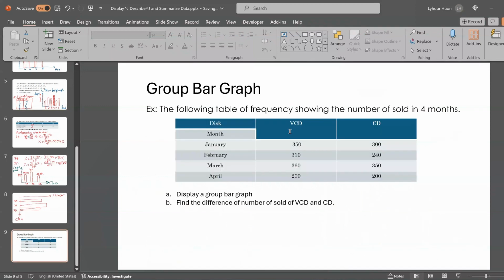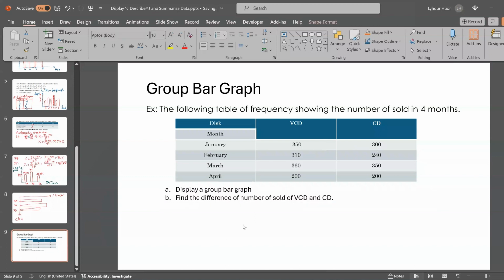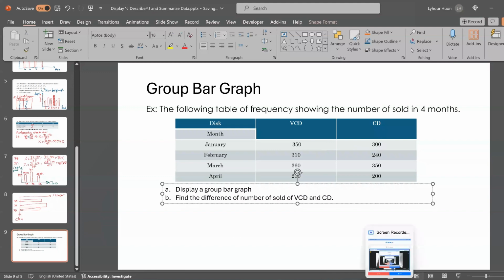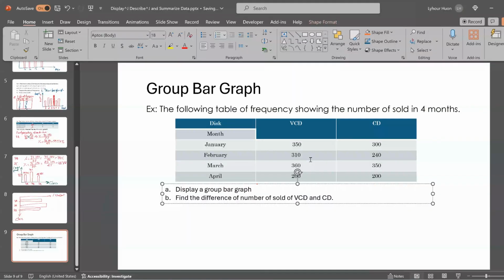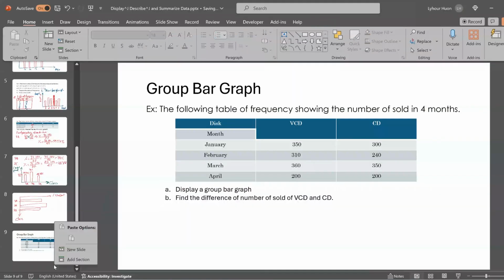But now we have two different frequencies. So when we have two or more frequencies, what we should do is a group bar graph.